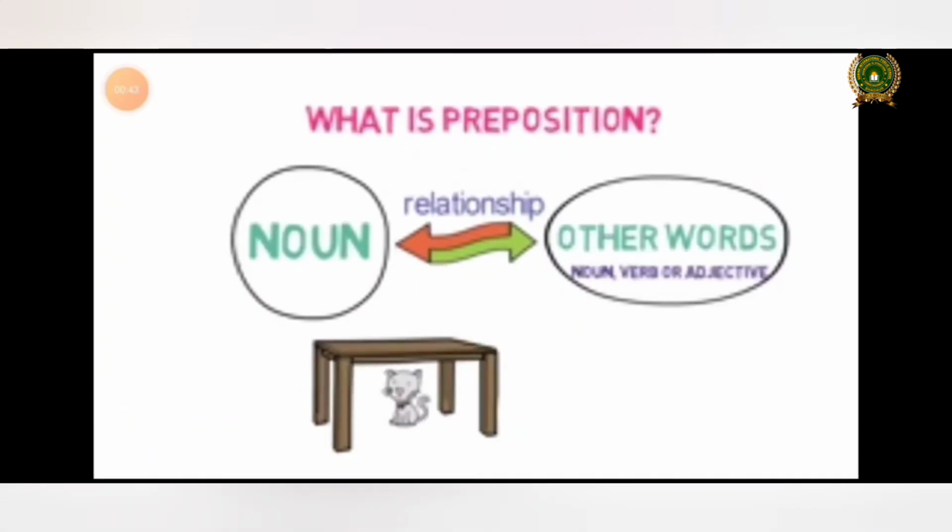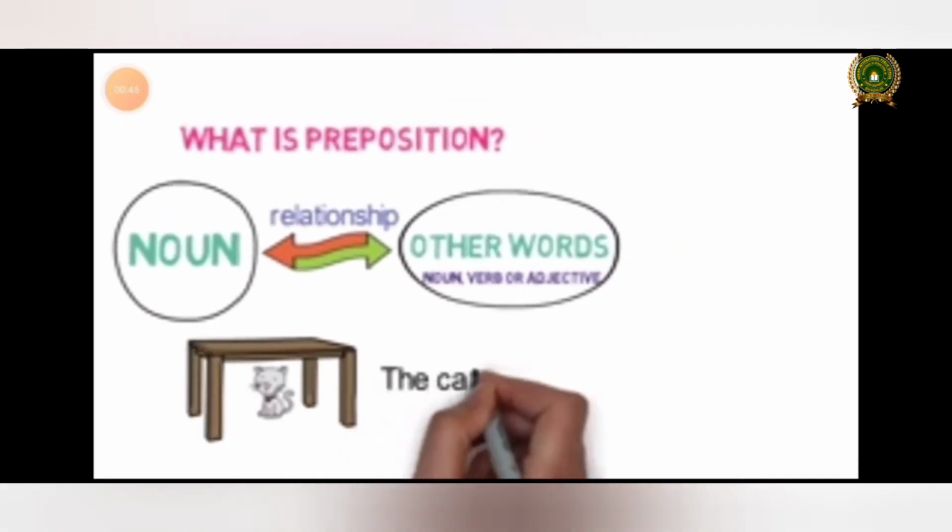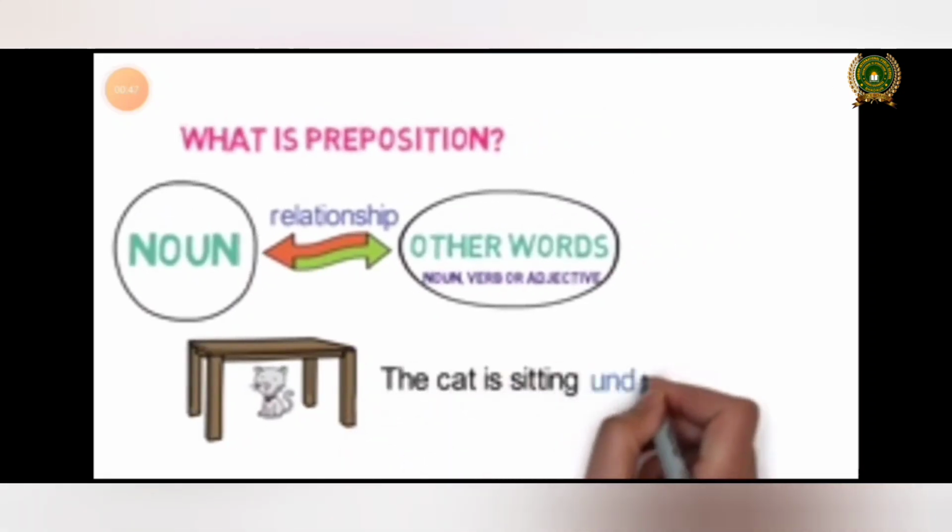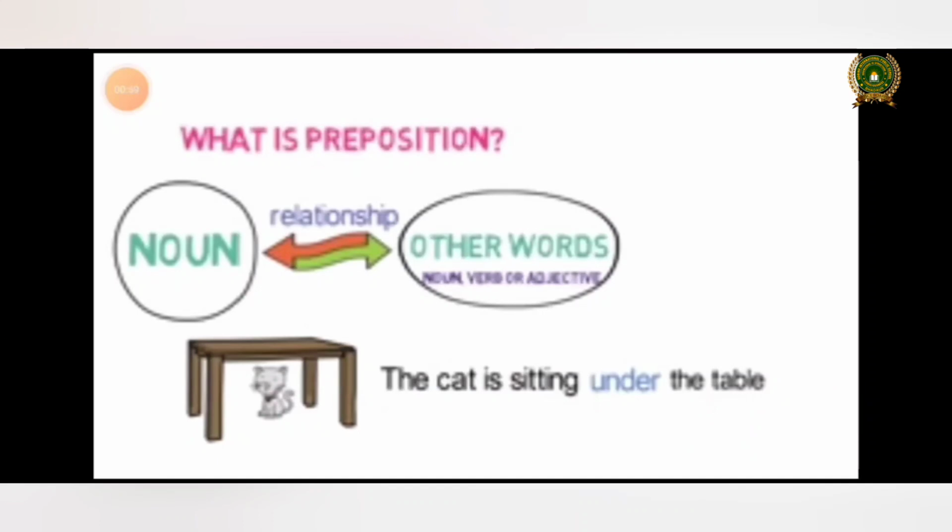See, the cat is sitting under the table. So the word under here shows the relationship of cat sitting with the table. If we remove under, then it doesn't make any sense. Like it will become, the cat is sitting the table.